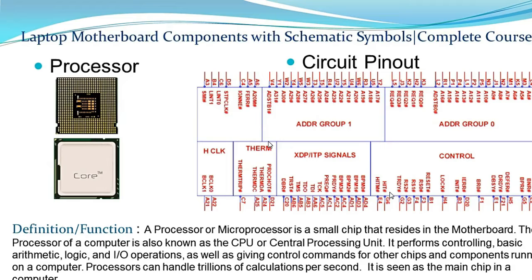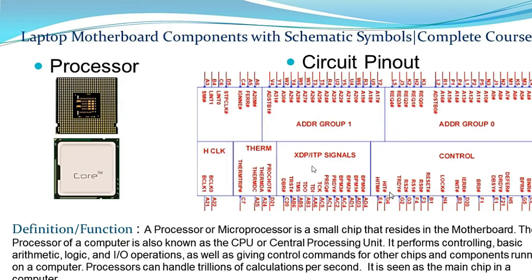This rectangle means a controller. This controller inside the processor is responsible for temperature. For example, if the temperature of the processor increases, it will send a control signal to the fan to speed up in order to cool down the processor.